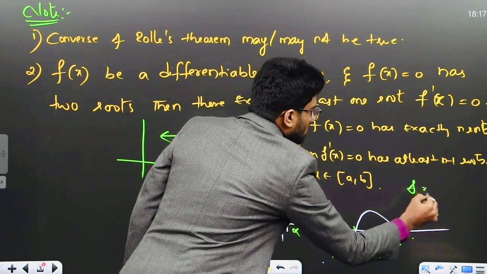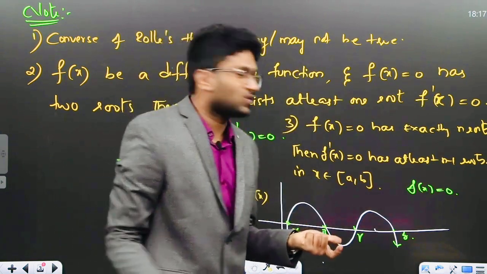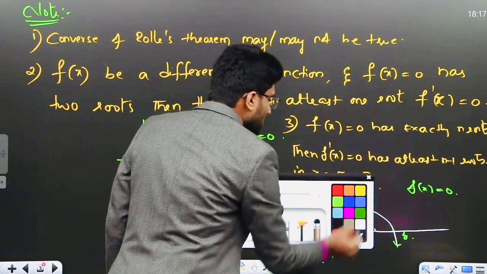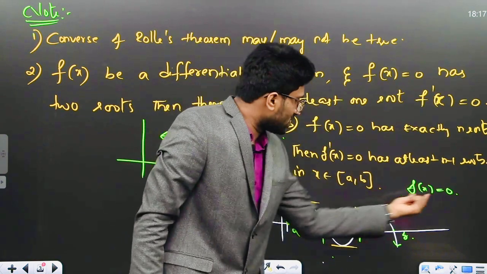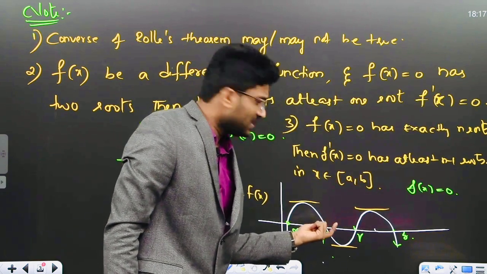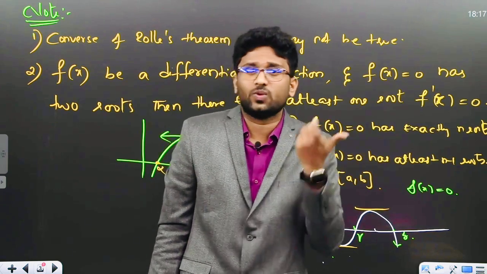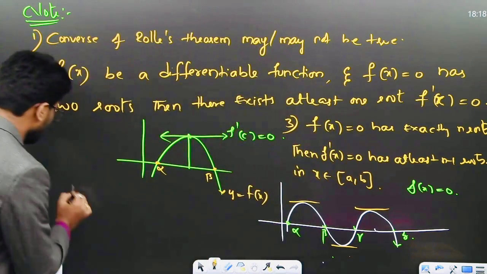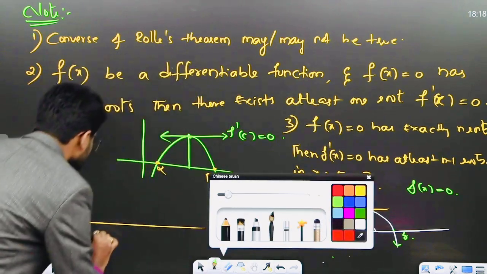Now how many roots of f dash x do we have? 1, 2, 3. So if f of x equals 0 has 4 roots, then f dash x equals 0 will have at least 4 minus 1 roots. Why did I say at least? I'll consider one more graph. See, my dear friends.